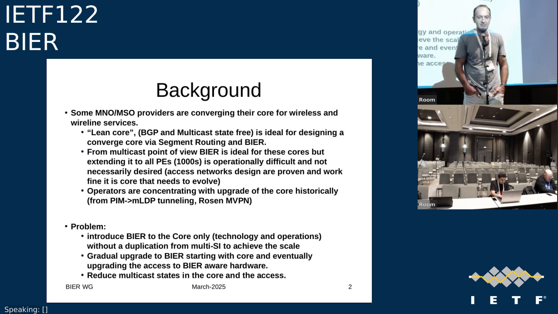As an example, if you're removing PIM from the core of the network, you want to make sure that you are not redesigning your entire network on the access. So basically, this draft is trying to provide a simple, seamless solution to make that happen. Next slide, please.